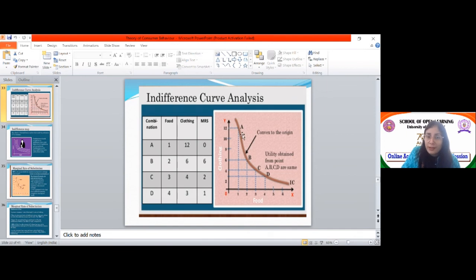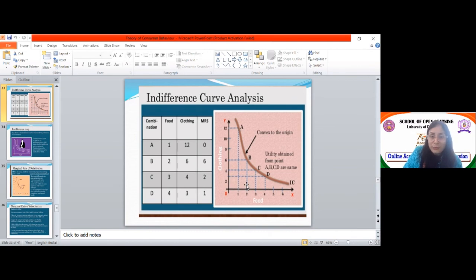Now, why MRS? If we want more clothing, we have to give up food because our income is limited. If we want more food, we have to decrease the consumption of clothing. So here you will see food and clothing. Suppose with just 1 unit of food you can afford 12 units of clothing. So there is MRS 0.